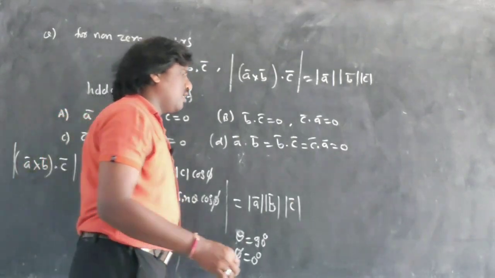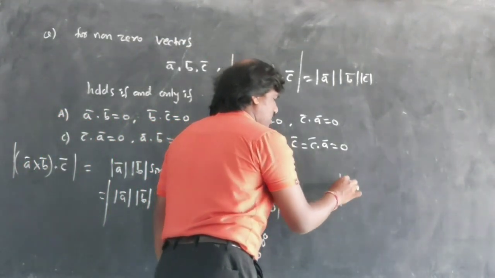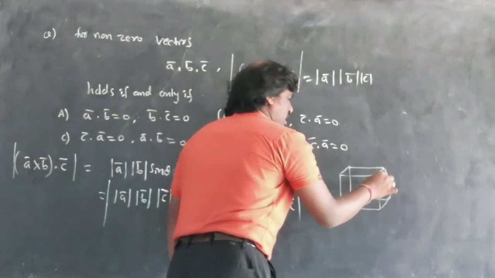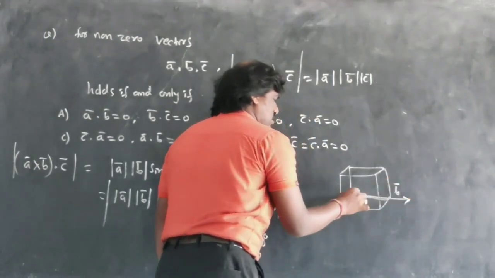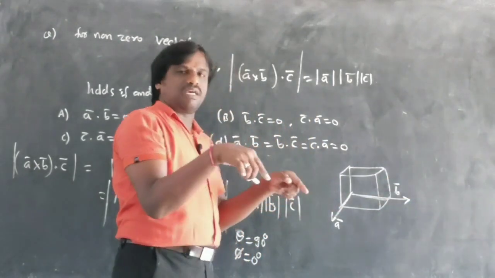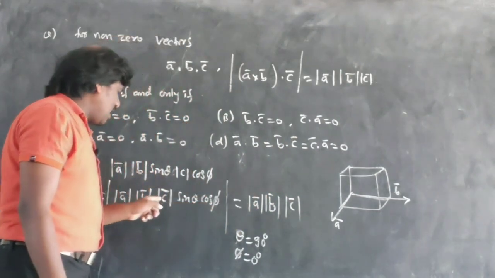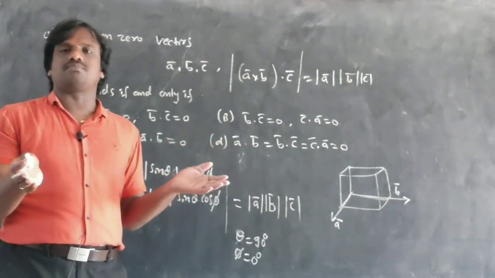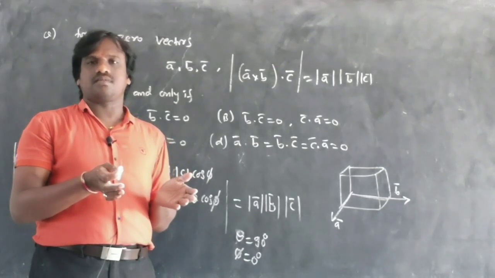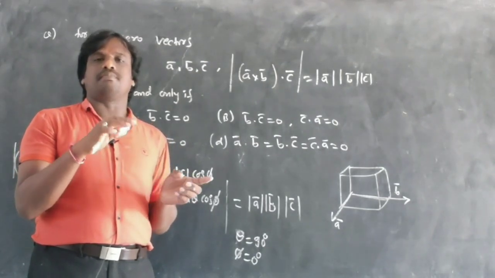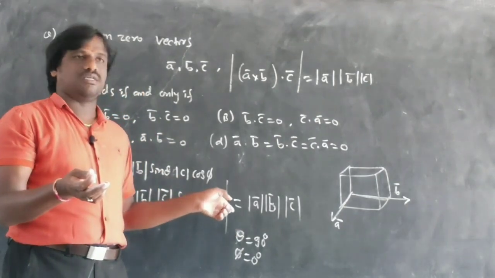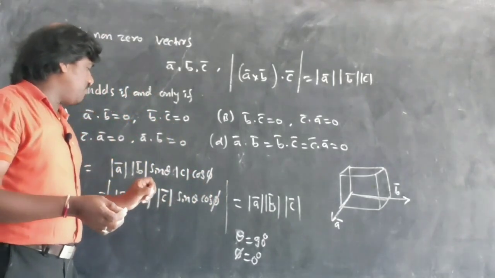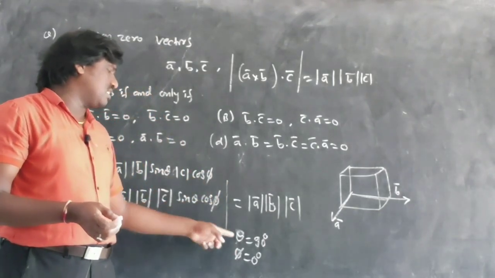What I want to say here, in this cuboid we are discussing, this is the b vector and this is the a vector. When I am talking about a cross b, and sin theta is 90 degrees, a and b are perpendicular to each other. And when I am talking about the dot, here we can see that this is 0 degrees.